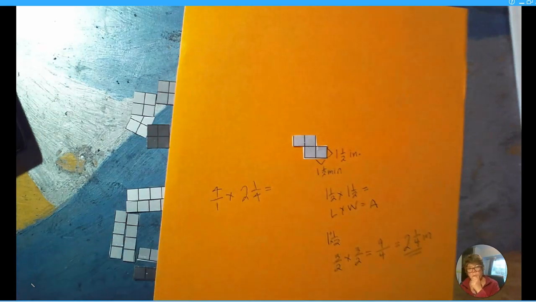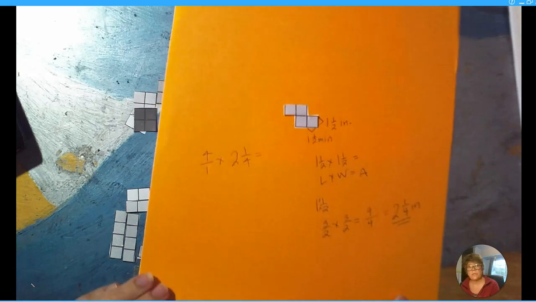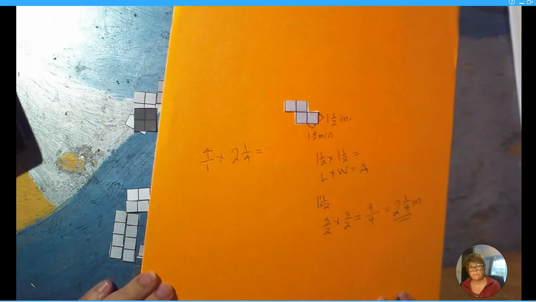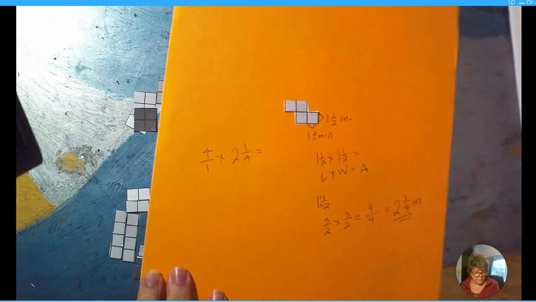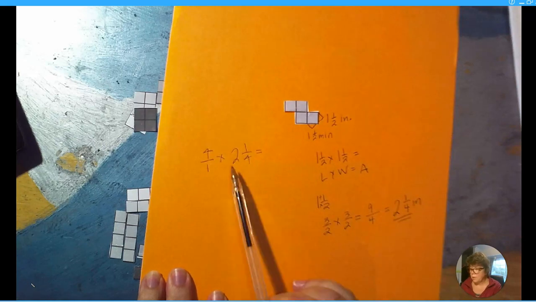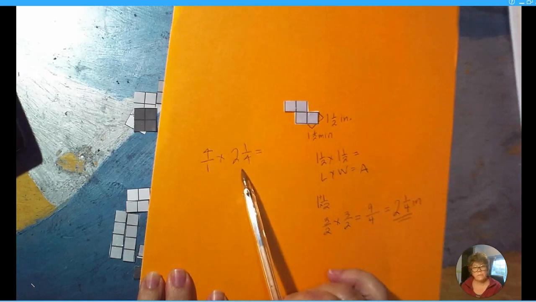Okay, so can I do something similar to what I did before? I could use area model, I could use break apart and distribute, or I could change it to a fraction greater than 1, right?